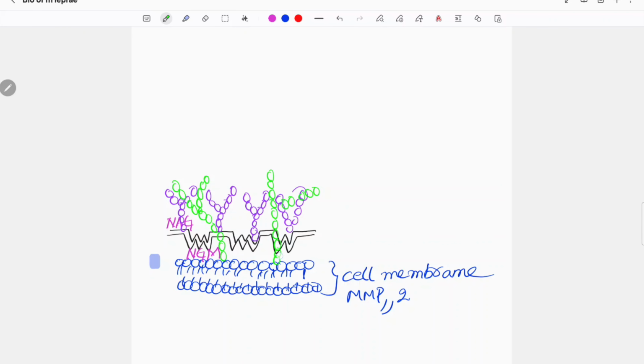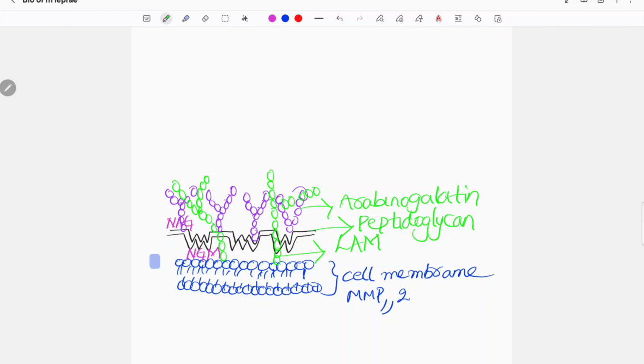This is lipoarabinomannan. This is peptidoglycan. This is arabinogalactan. All these together make the electron dense zone.